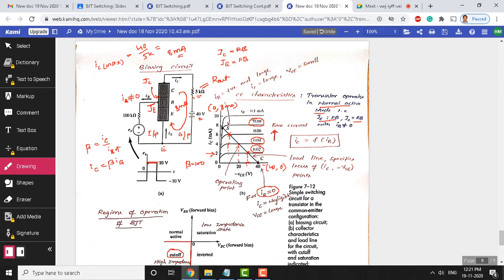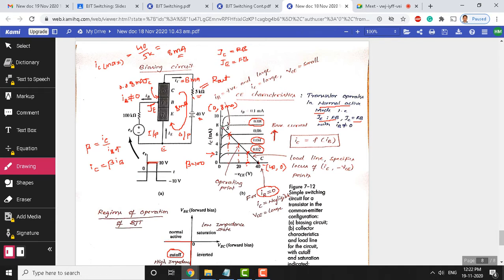So for a base current of 0.08 milliampere, the corresponding collector current is going to be 8 milliampere. This is the maximum current that you can expect from this loop. That means you are at this point, the S point, the saturation point.